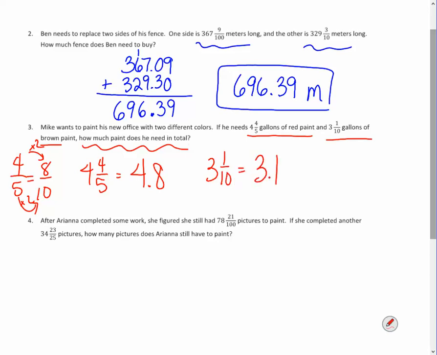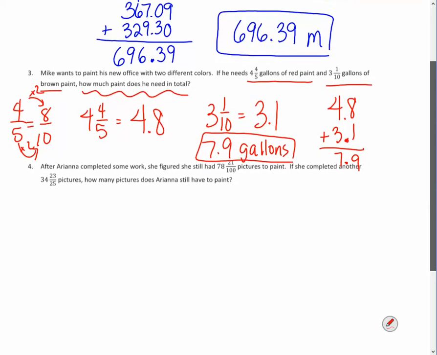So now we're going to take these two numbers and add them. So 4.8 and 3.1. Adding those up, lining up the decimal points, we're going to get 9/10 there. Bring down your decimal point, and 4 plus 3 is 7. So 7 and 9/10 gallons is our answer.